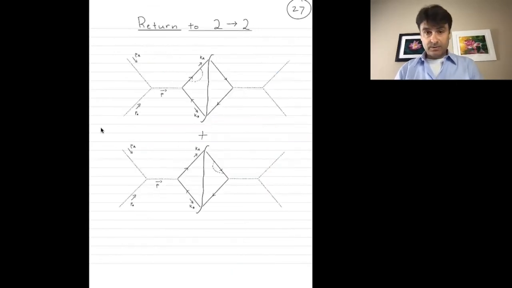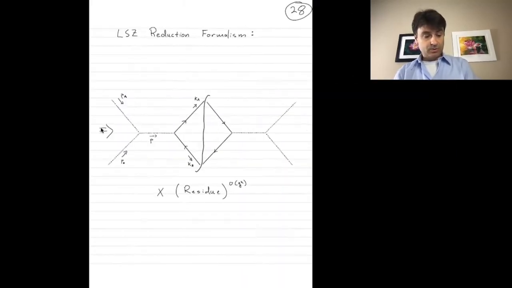We need to look at these graphs basically. And I'm only going to look at, again, the ones that affect the Ka final state, because those are the ones that we're actually going to need. So I'm going to return to 2 to 2 scattering.